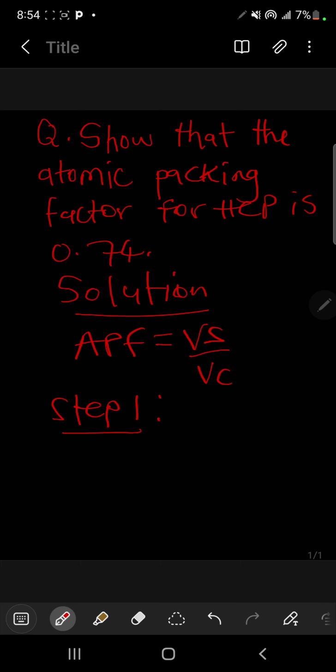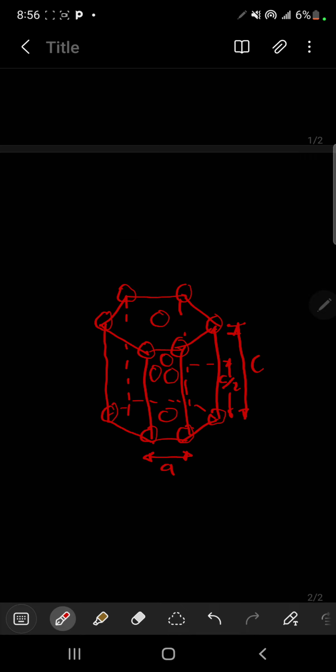Let me just begin on your page. A rough sketch would look like this. Let me just quickly sketch it. Yes, so I've quickly done a rough sketch so that you can easily understand. This is how atoms are arranged in an HCP crystal structure.